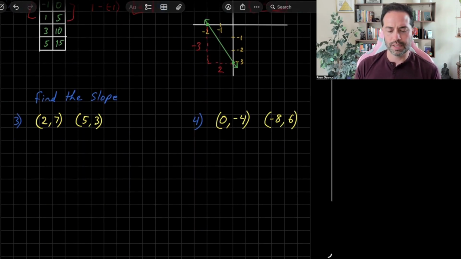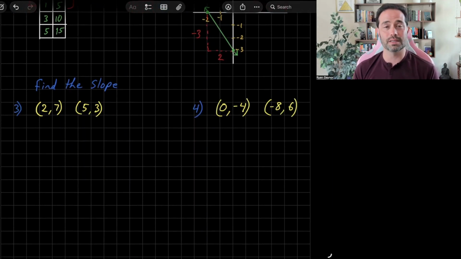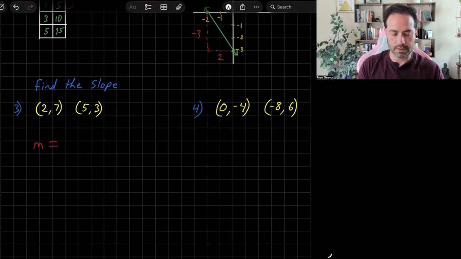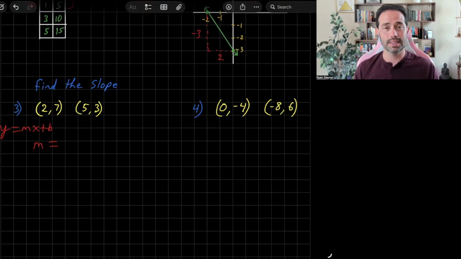Okay, so this one specifically says find the slope between the 2 points. So let's write out the actual formula for slope. M equals. Now why am I writing M? Well, that comes from y equals mx plus b. That's an equation of a line.